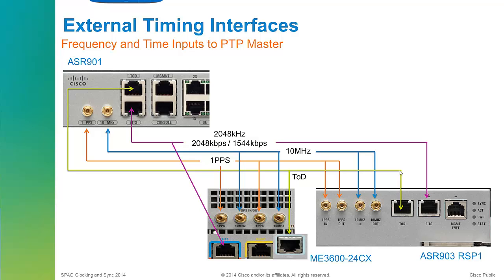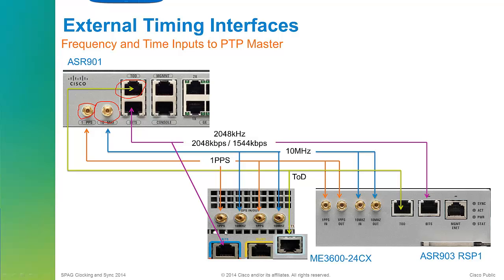The way that we do that is through the physical plugs on the front of the device. We need some sort of physical input, and here you see them for the various platforms. Looking at the ISR 901, we have a time of day port, a 10 megahertz input for something like GPS, and a 1 pulse per second for phase.